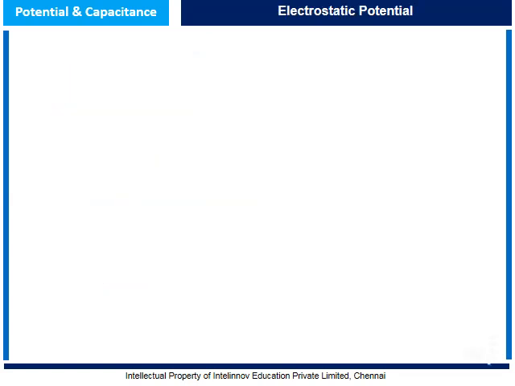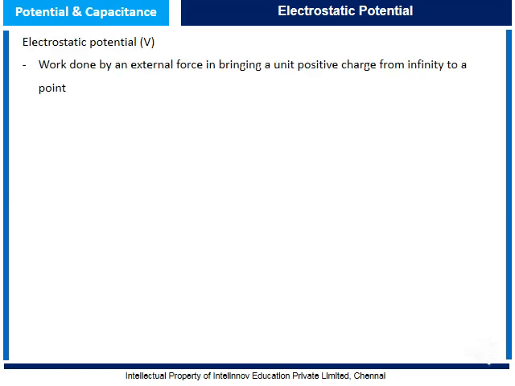Now let us understand electrostatic potential. Electrostatic potential is the work done by an external force in bringing a unit positive charge from infinity to a point. That is, it can be viewed as moving a positive charge from infinity to a known point.